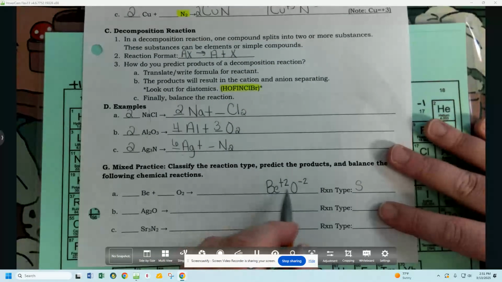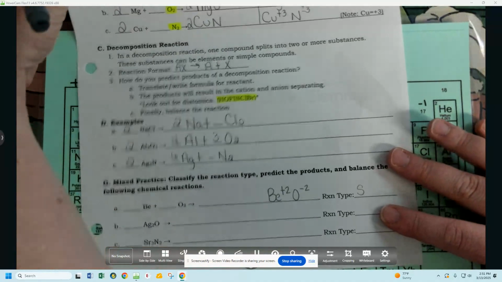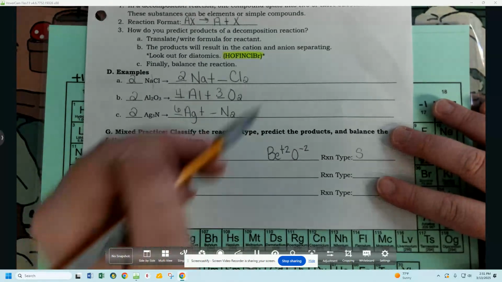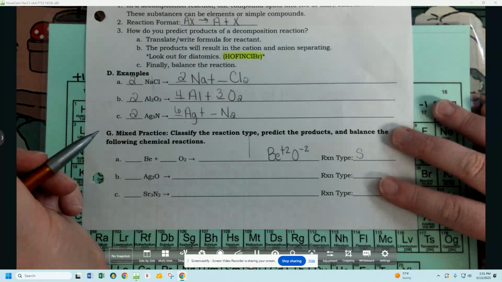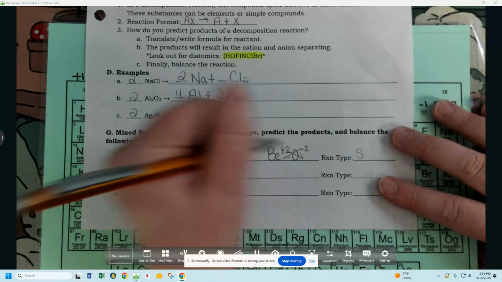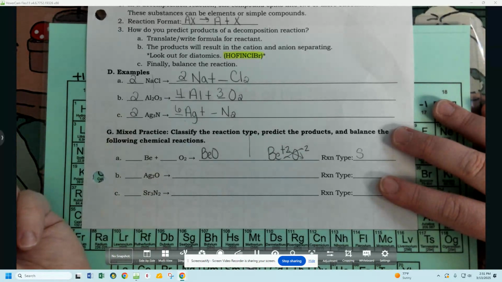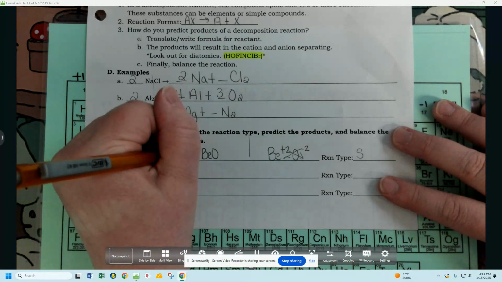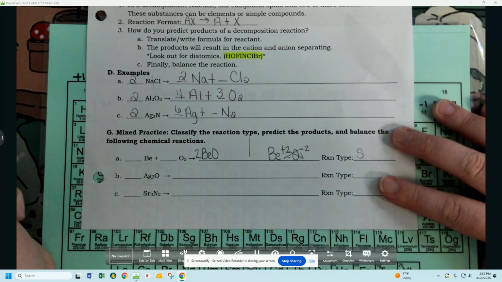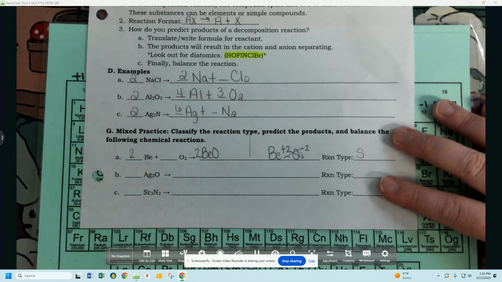Do not do this work in the formula, because otherwise you're going to have a lot of information and you're going to end up getting a little lost along the way. So with crossing of charges, they cancel, we get BeO. I can see I have 2 oxygens on the reactant side, so a 2 is needed on the product side. That means a 2 is needed on the reactant side for the beryllium, and we're balanced.